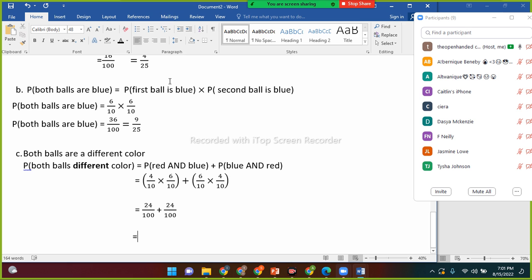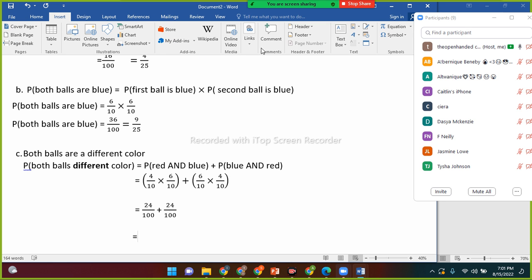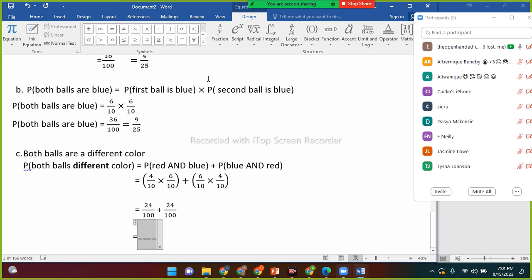So what is 24 plus 24? 48. Okay, great. And remember, when we're adding fractions that have the same denominator, do we add the denominators?